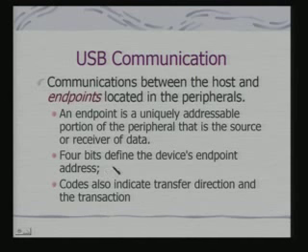In fact, these 4 bits define the device's endpoint address. And the codes also indicate the transfer direction and the transaction type, that is, the token which is circulated by the host indicates the transfer direction as well as the transaction type.